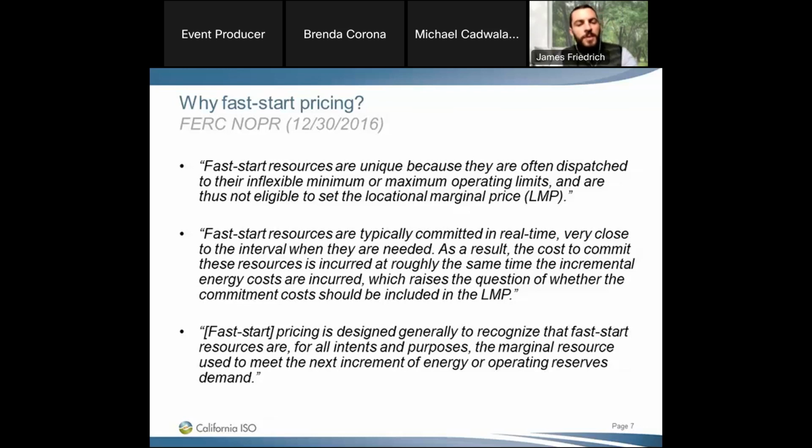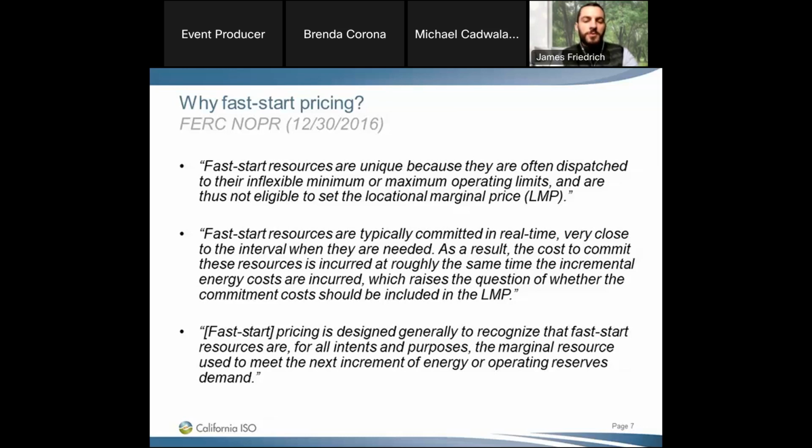The last thing here: fast start pricing is designed generally to recognize that fast start resources are, for all intents and purposes, the marginal resource used to meet the next increment of energy or operating reserve demand. The word in that sentence that's doing the most work, in my opinion, is the word marginal. Fast start pricing expands the concept of marginal beyond the calculus definition.